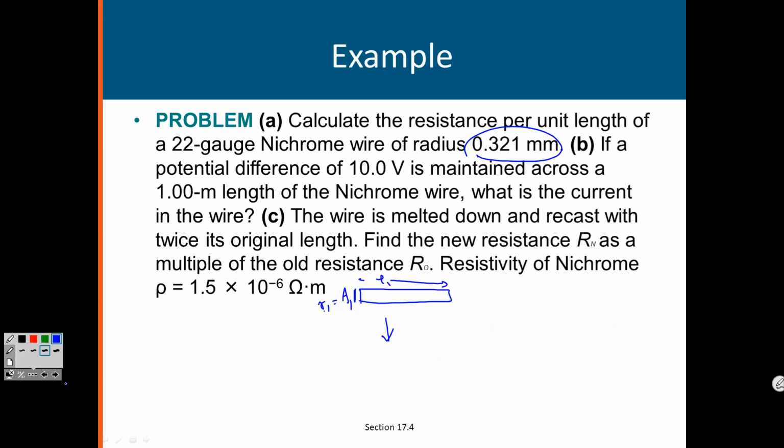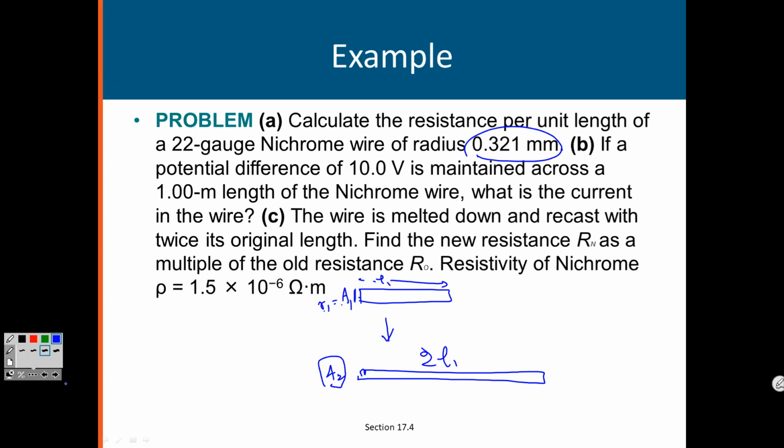We make the length twice as long, so it will become thinner. L1 becomes 2L1 and A1 will become A2. We don't know what it is. The same amount of material, the same volume. So A1 will become A2, which is smaller than A1.